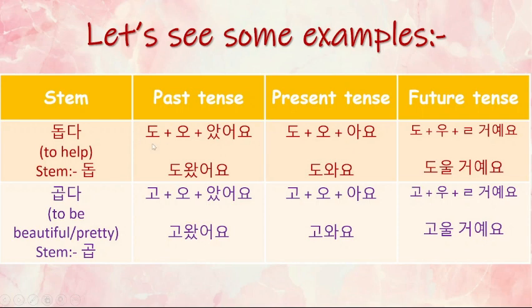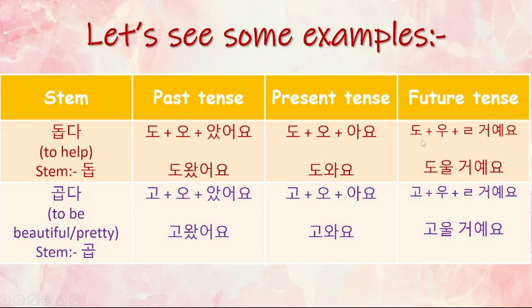Okay. So ㅂ remove होगा और क्या आ गया उसकी जगह? 오. The conjugated form will be 도왔어요. Right? Similarly in the present tense also the upcoming vowel is 아, 아요. So ㅂ किस में change हो गया? 오. So the conjugation will be 도와요.